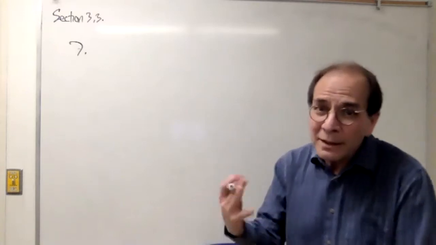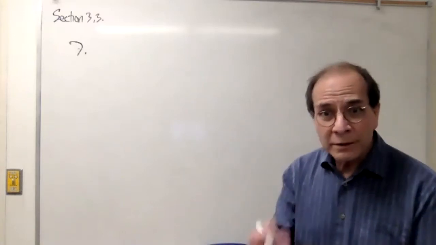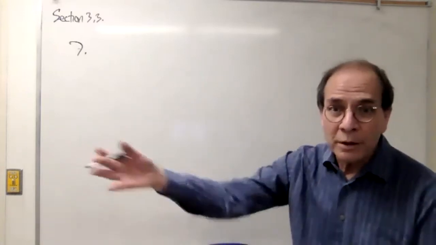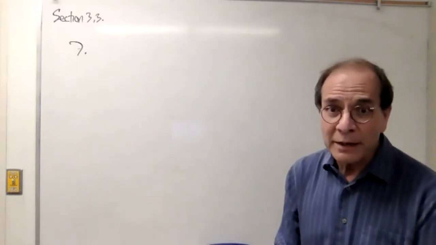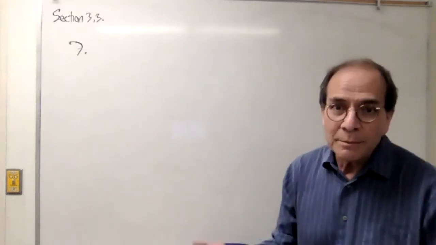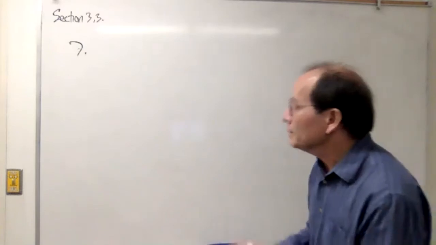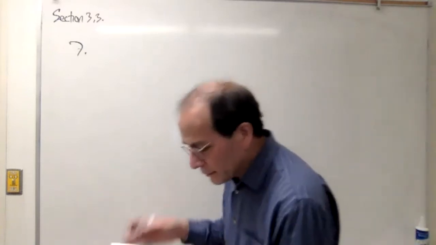And so that's basically the idea when you have two rings that are isomorphic, or later on, we're going to be talking about isomorphic groups. It's the same idea. They're essentially the same, it's just different notation. Okay, so let's take a look at number 7.